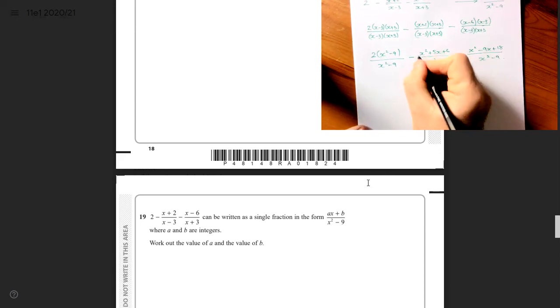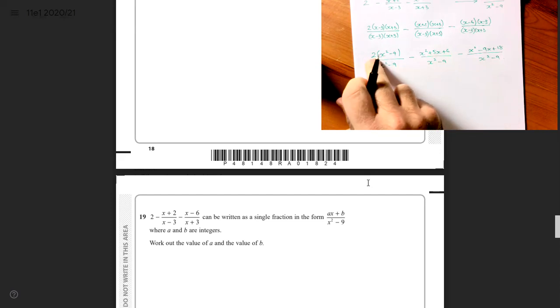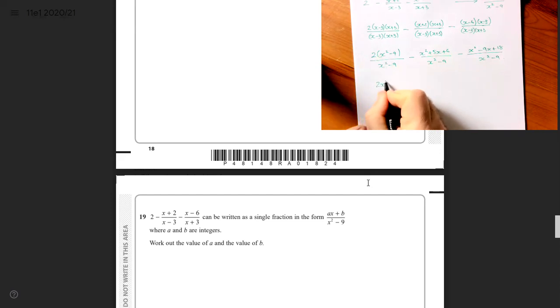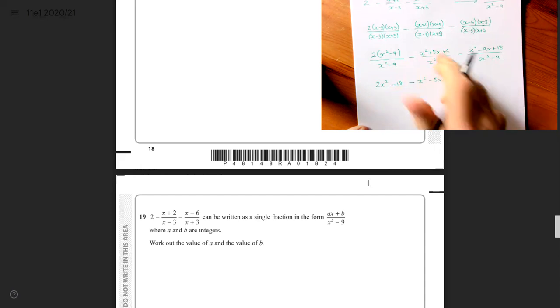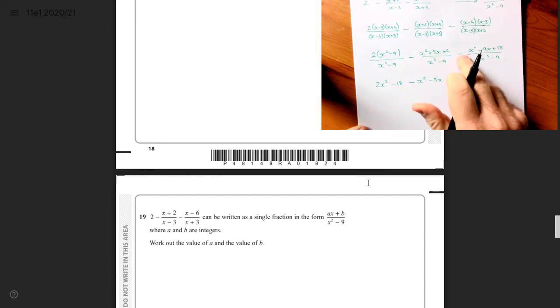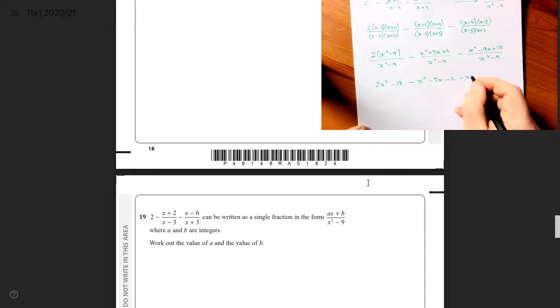Okay, so now I'm going to have 2x squared minus 18 minus x squared minus 5x minus 6 minus another x squared. Now the minus minus becomes plus 9x and minus 18 at the end, all over x squared minus 9.